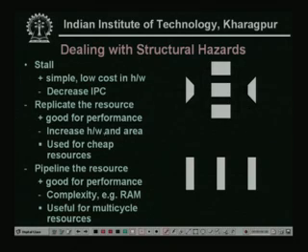But replication means it will increase the hardware, and obviously hardware means increased area, but speed wise it will be very good. Used for cheap resources, it can be a good solution if the hazard occurs for some cheap resources.